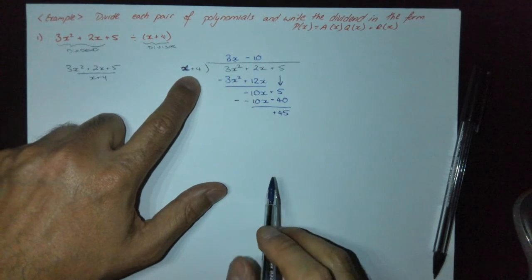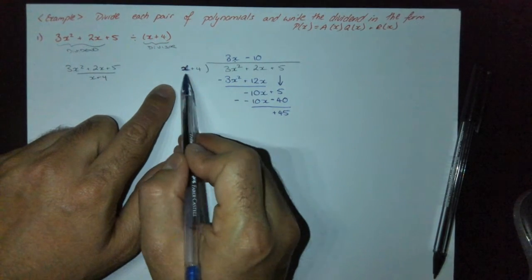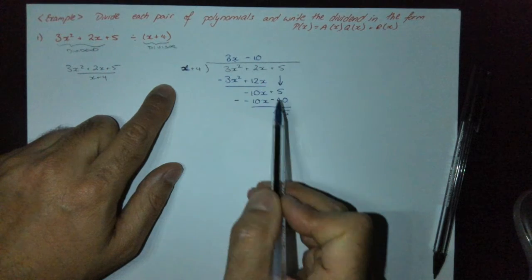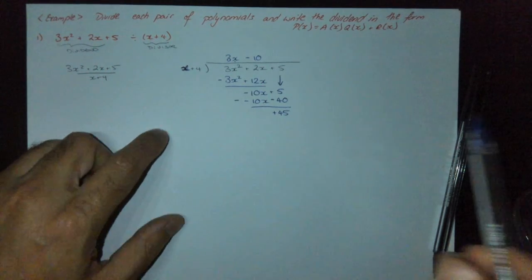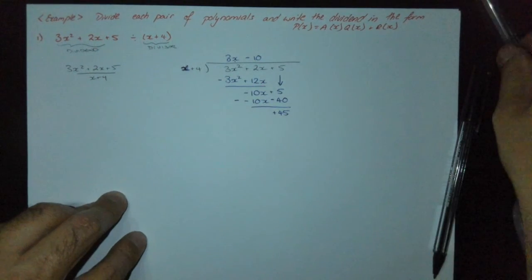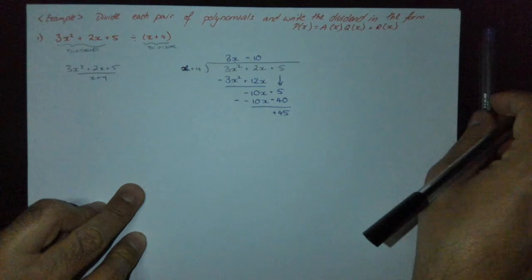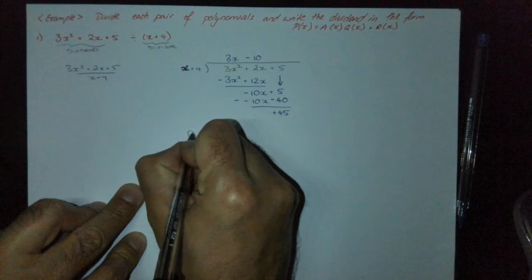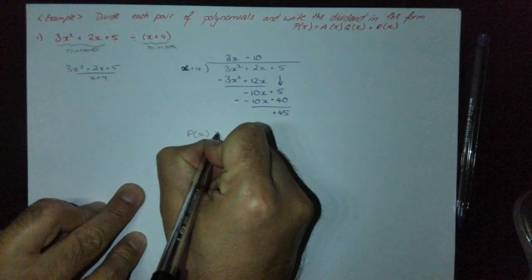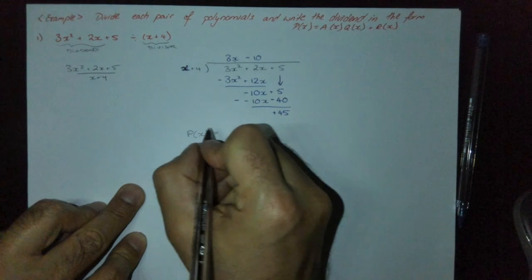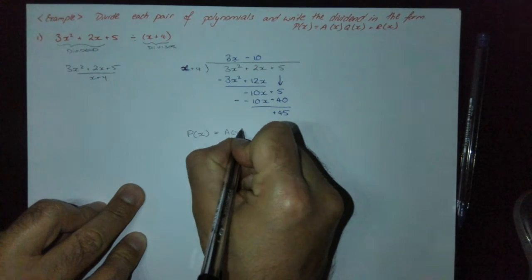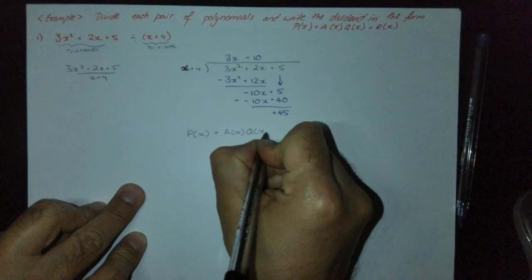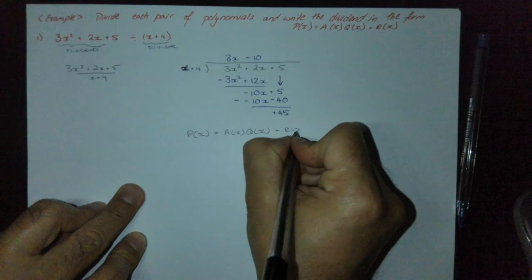Okay, so here I've got the divisor, I've got the quotient, and this is my remainder. So if I wanted to write it in this form, p of x is equal to a of x times q of x plus r of x.